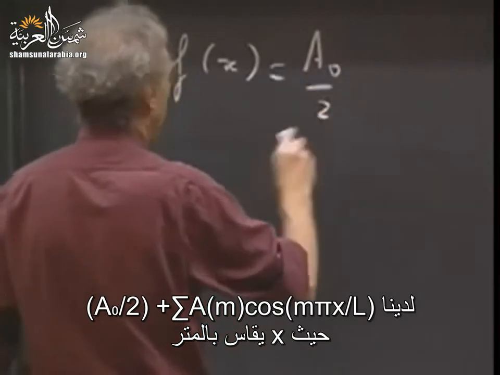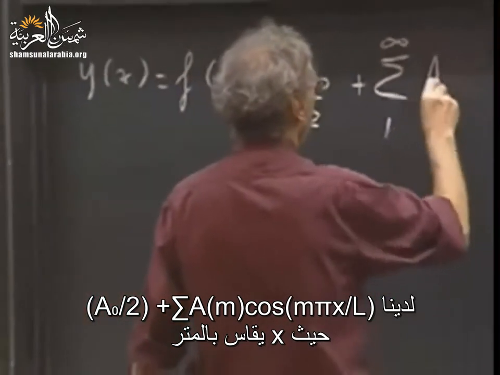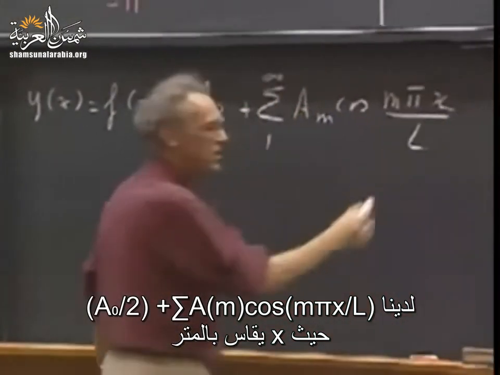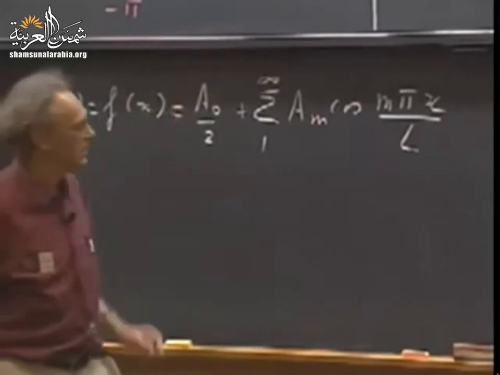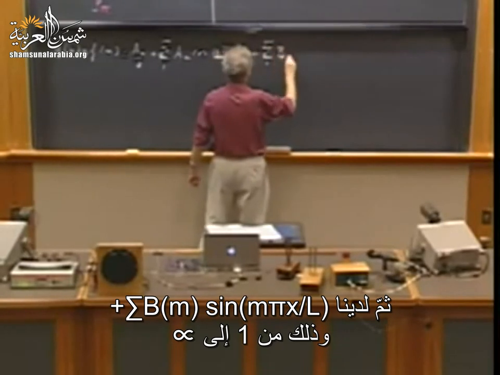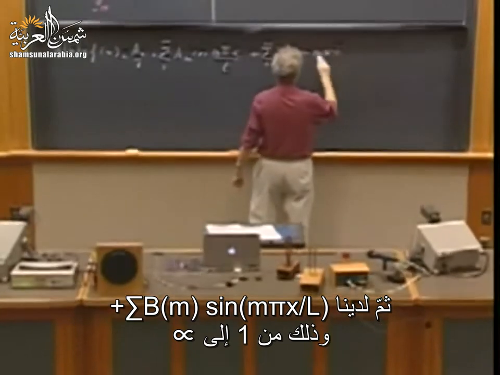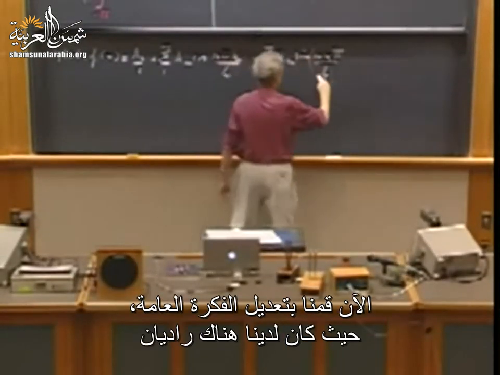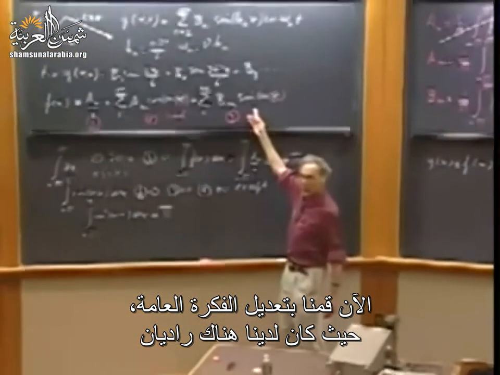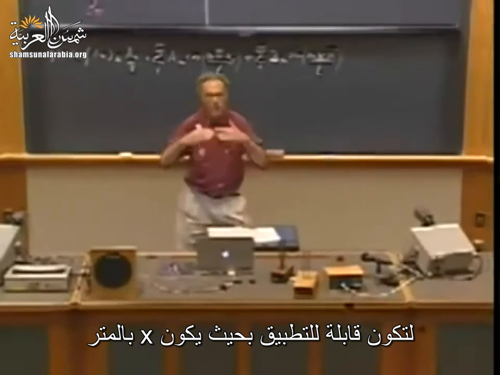A0 divided by 2 plus the sum from 1 to infinity of a of m times the cosine of m pi x over L. This is now our x, x in meters, plus the sum 1 to infinity of b of m times the sine of m pi x divided by L. And so now we have made a modification to the general idea, which is in radians, to be applicable to a case whereby we don't have radians, but we have x in meters.